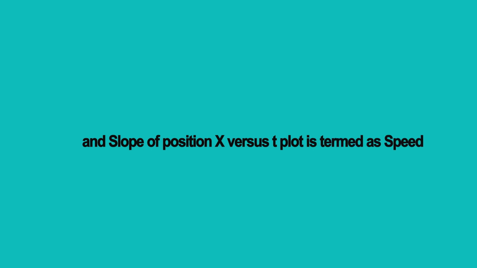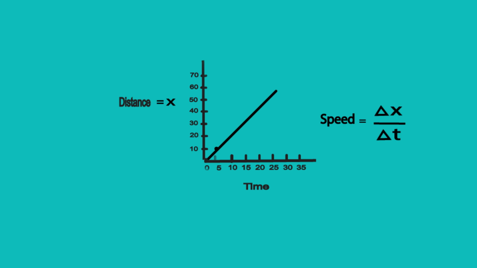Speed. When y, the dependent axis, is the measure of position of an object, then its values are denoted as x, and the slope of the position x versus t plot is termed speed, delta x over delta t.